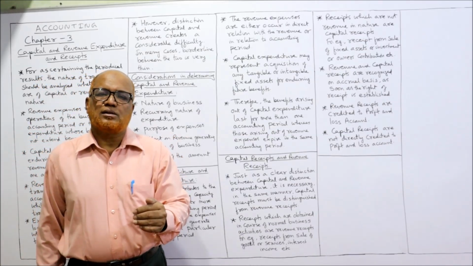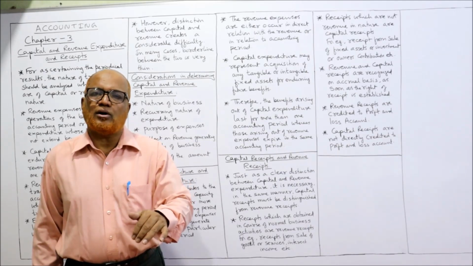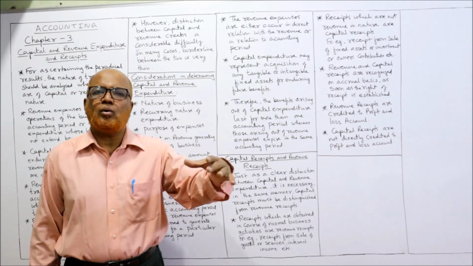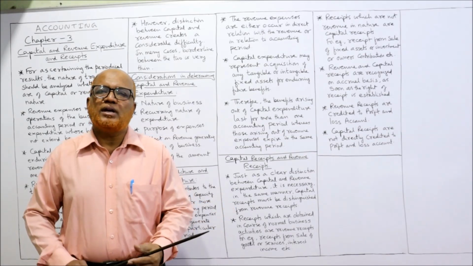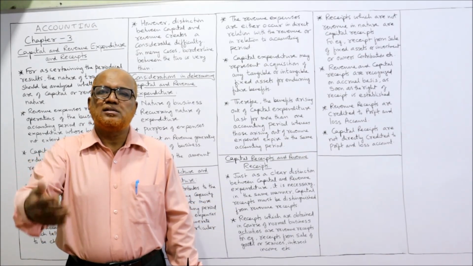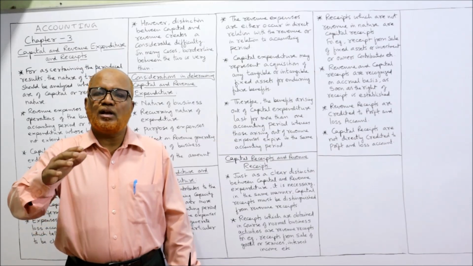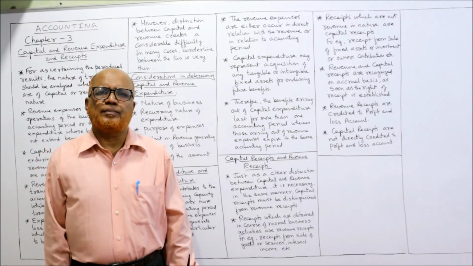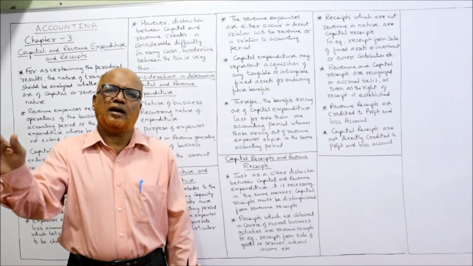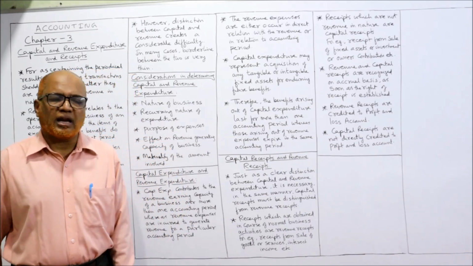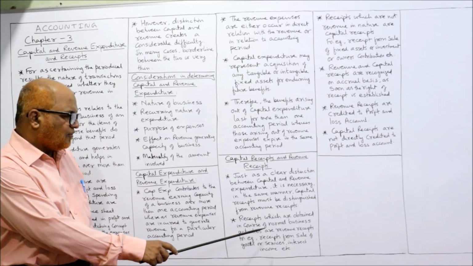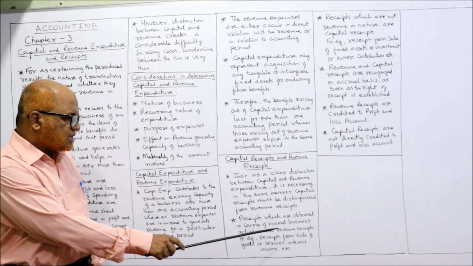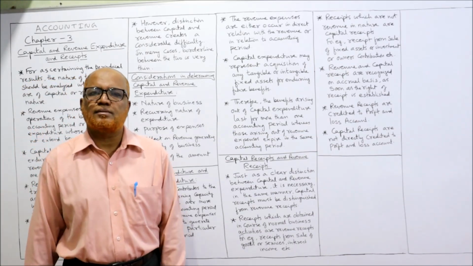So receipts which are obtained in the course of normal business activity, any receipts which are received by the organization in the normal course of activities, are called revenue receipts. In simple words, we can say the recurring receipts. The receipts which will occur to the business from time to time, regularly, recurring, are called revenue receipts. Examples of revenue receipts are receipts from sale of goods or services.